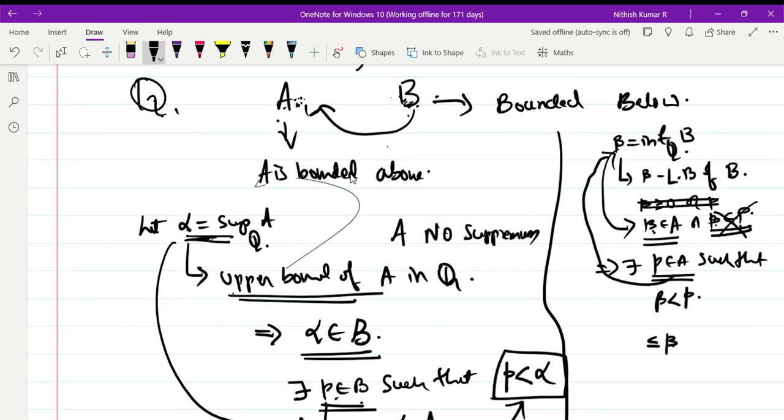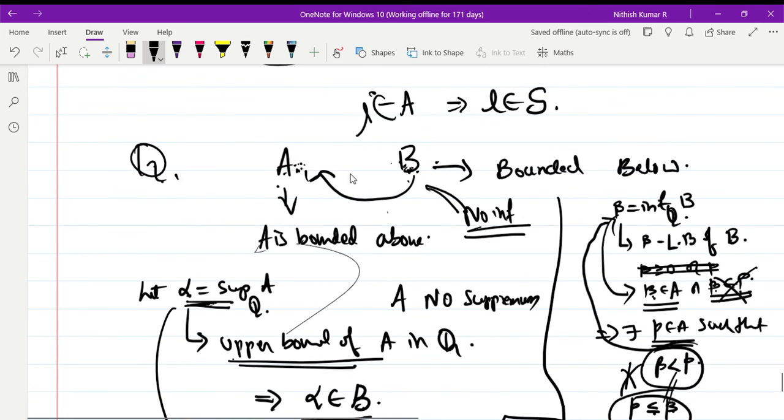Therefore, beta must be greater than or equal to any lower bound. Here it is P. Here we have beta less than P, and here we have beta greater than or equal to P. They are not possible together. Therefore, B has no infimum.